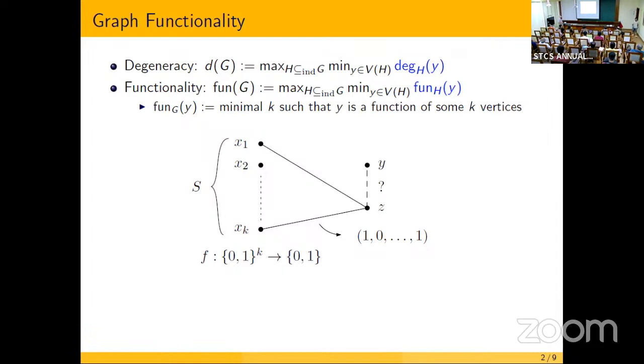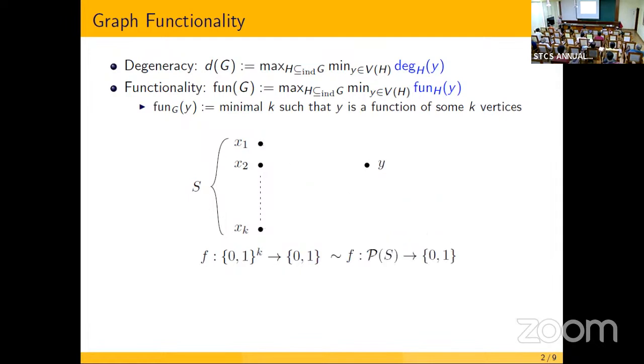For this vector, we apply our function f, and if f is 1, it means there is an edge between y and z. If f is 0 on this vector, there is no edge between y and z. So this is the formal definition.